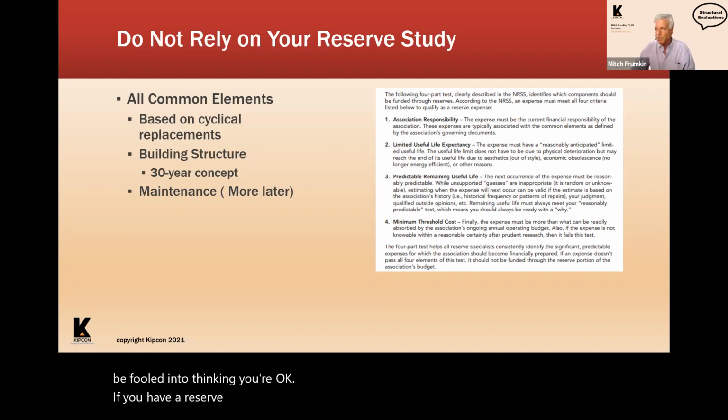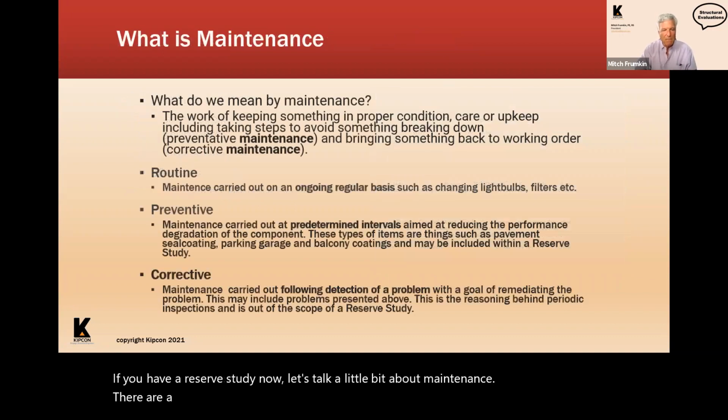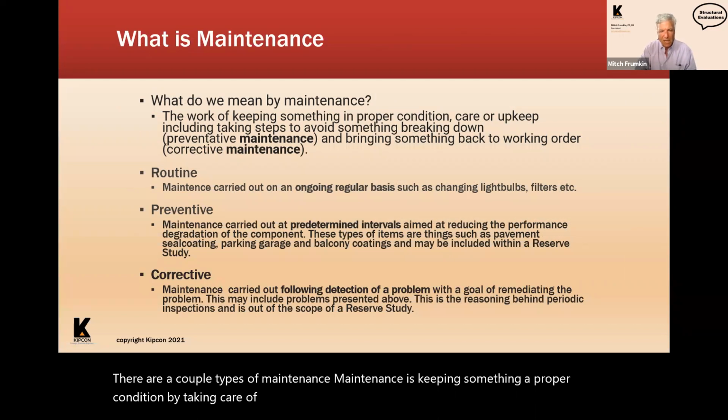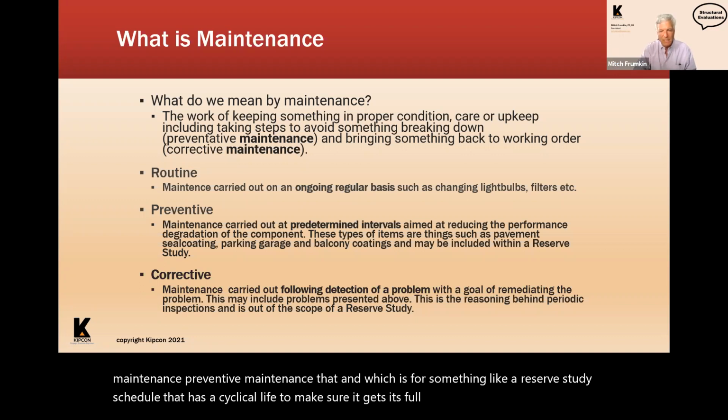Now let's talk a little bit about maintenance. There are a couple types of maintenance. Maintenance is keeping something in proper condition by taking care of it to keep it from breaking down. There are two types of maintenance: preventive maintenance, which is for something like on a reserve schedule that has a cyclical life to make sure it gets its full life, and corrective maintenance, which is fixing something when you find a problem.